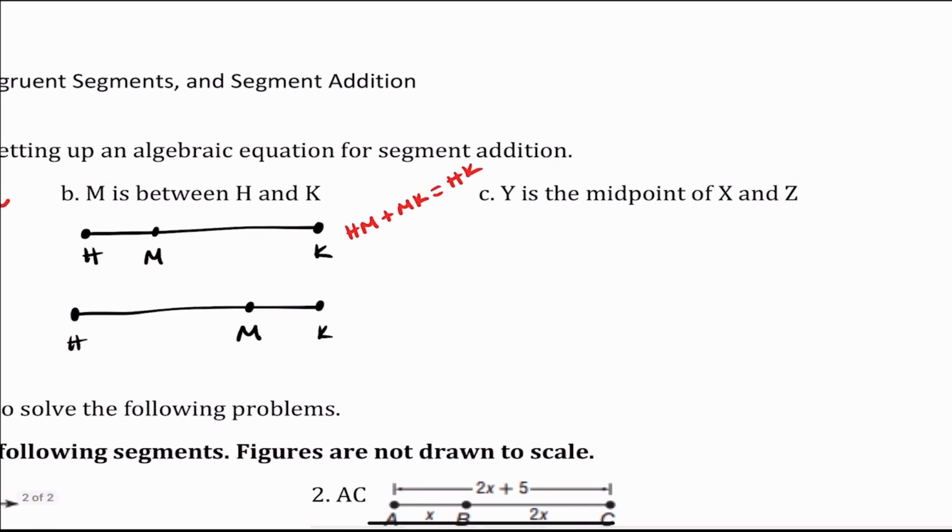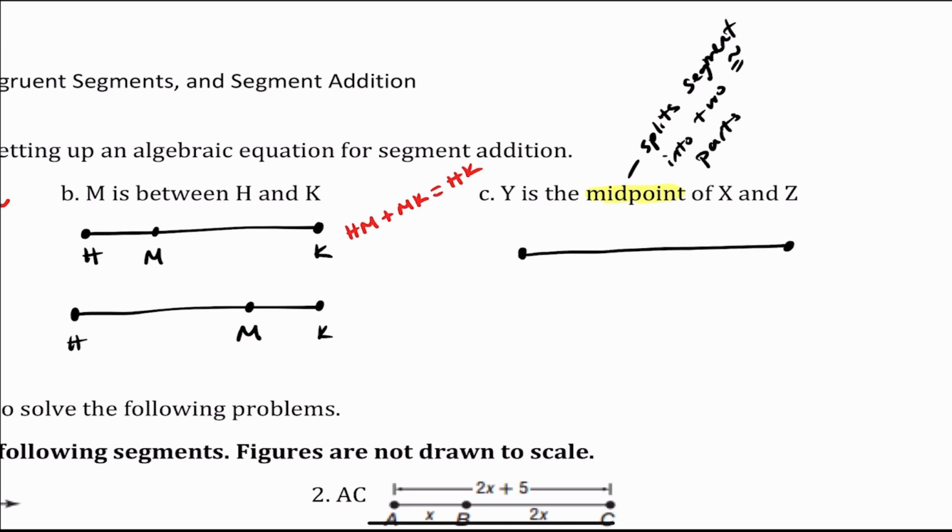Now C is a little different. It says that Y is the midpoint. Y is the midpoint. And what does a midpoint do? It splits the segment into two congruent parts. So I'm going to go ahead and draw my segment with endpoints X and Z. And we know that Y is the midpoint.